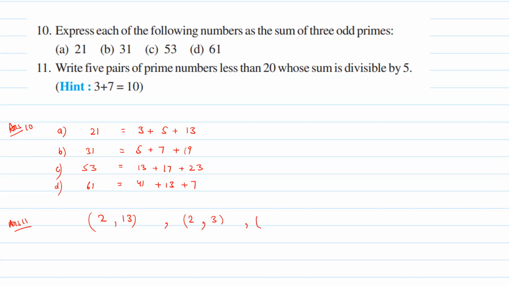Then the third pair can be 19 and 11. Then the fourth pair can be 3 and 17, which is 20. Then we can have 7 and 13, which is 20.